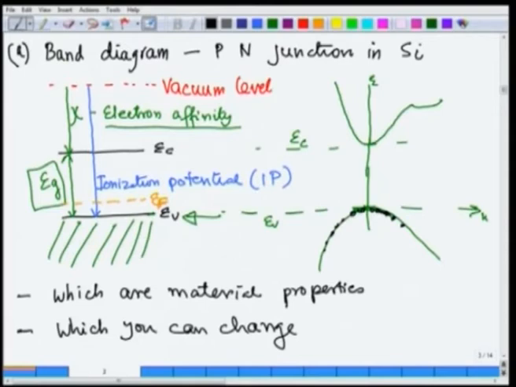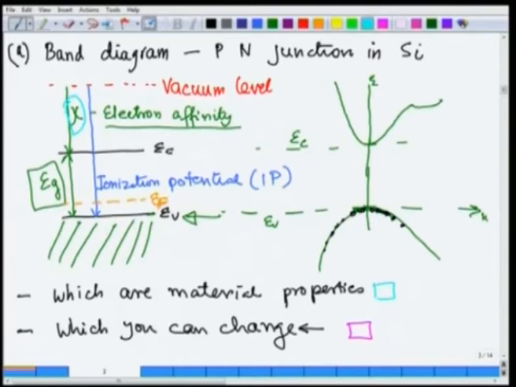On the other hand, there are some values, some of these values I am showing you, which you will be able to change. Which are those? Let us mark them in 2 different colors. Let us use this color box for these quantities and this color box for this kind of quantities. You see, electron affinity is a material property.